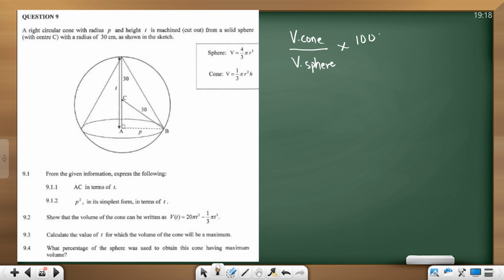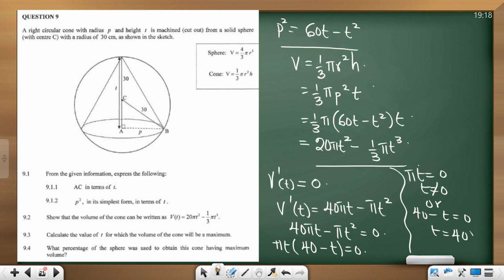All right, guys. Let's get the volume of the cone. We have the formula for the volume of the cone. 1 over 3 pi. What's the radius? The radius is p. Are you with me? But hold on.